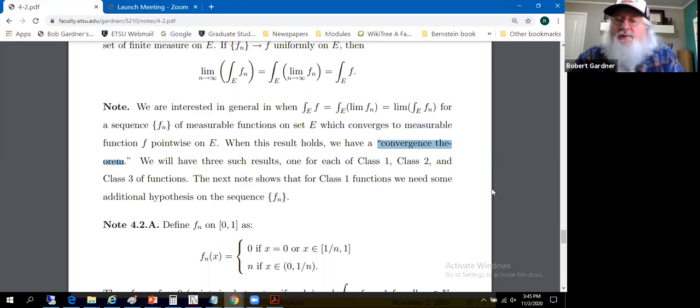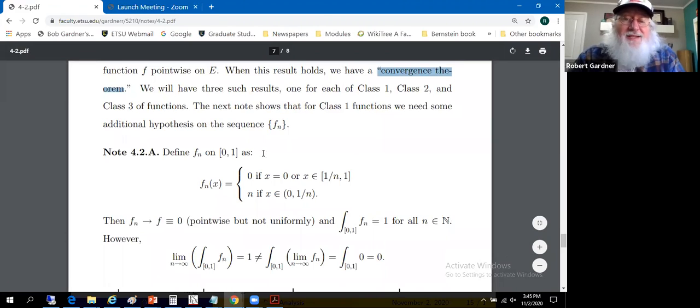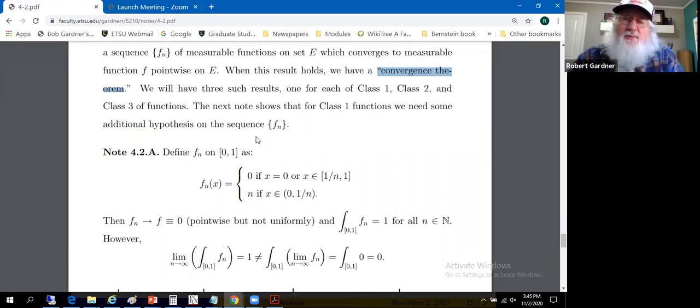This next note shows that for the class 1 functions, we can't get away simply with pointwise convergence. We can do a little bit better than uniform convergence, but there's got to be some sort of uniformity that will pop up.